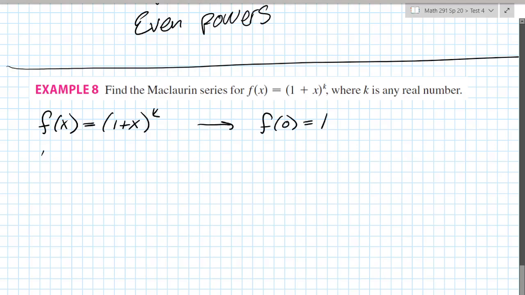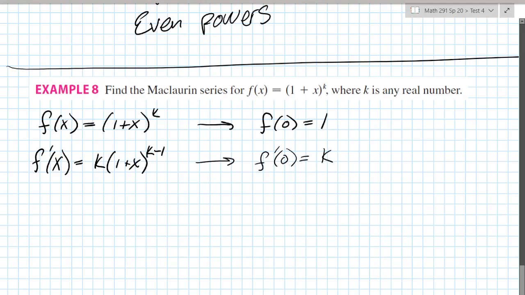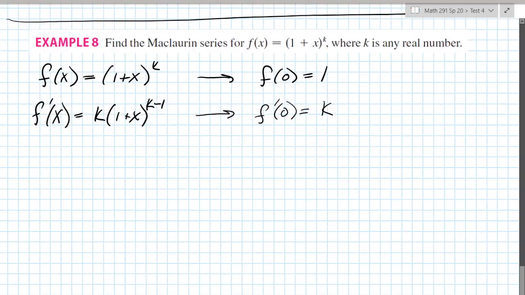is 1. The first derivative is k times 1 plus x to the k minus 1. Setting x equal to 0, then we're going to just get k. Second derivative gives us k times k minus 1, 1 plus x to the k minus 2.